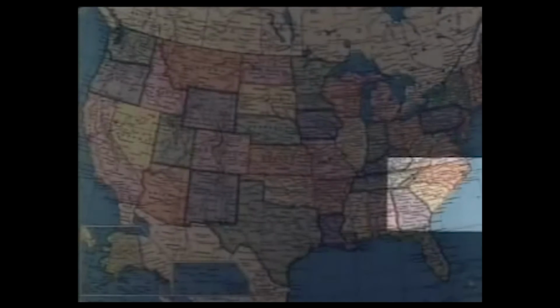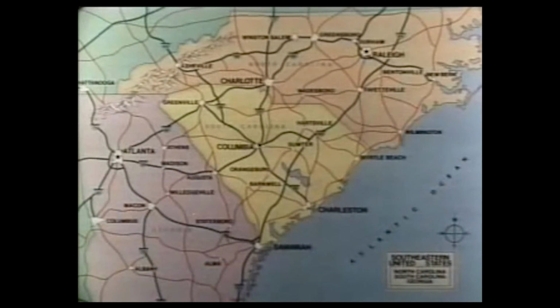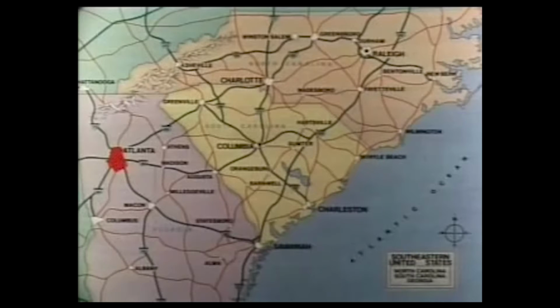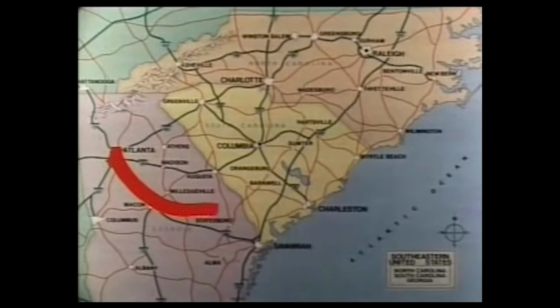In 1864, during the American Civil War, Union General William T. Sherman began his famous March to the Sea. With an army of 60,000 men, he swept into the South, destroying Atlanta, Georgia, Columbia, South Carolina, and dozens of smaller towns.